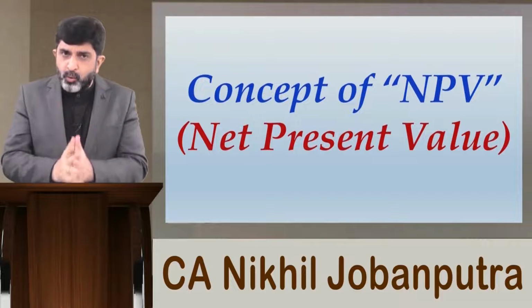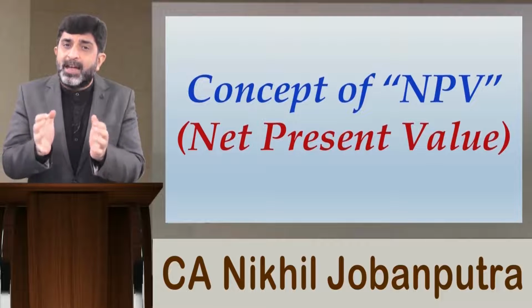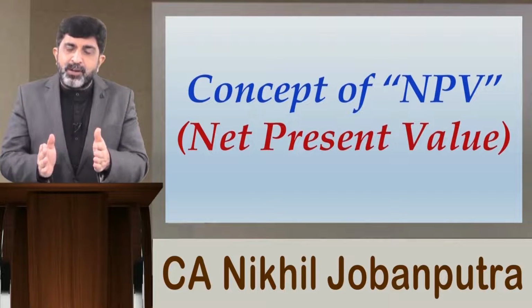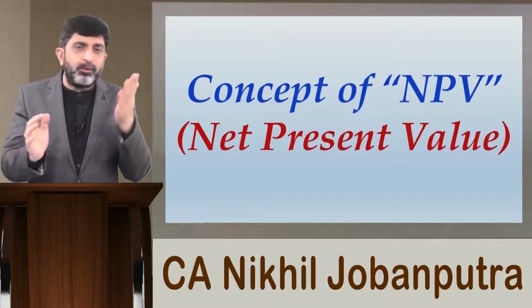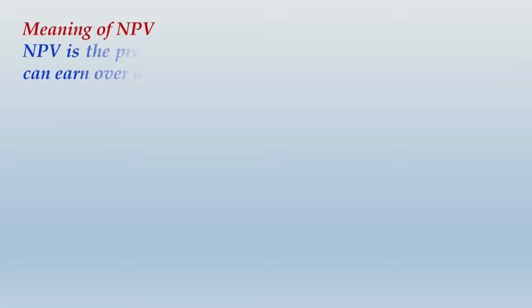So let us do one thing. Let us write some notes. Let us take some calculative examples to develop the understanding, and gradually we will have complete clarity on this whole concept with calculations. So based on what we have just discussed, please write the meaning of NPV.